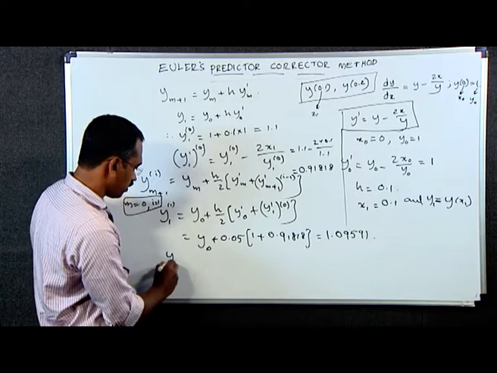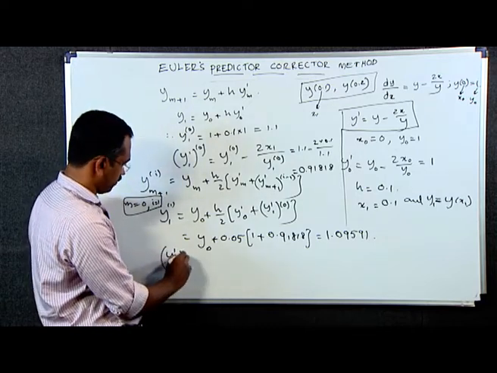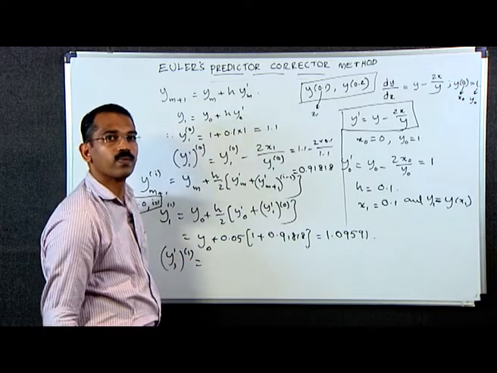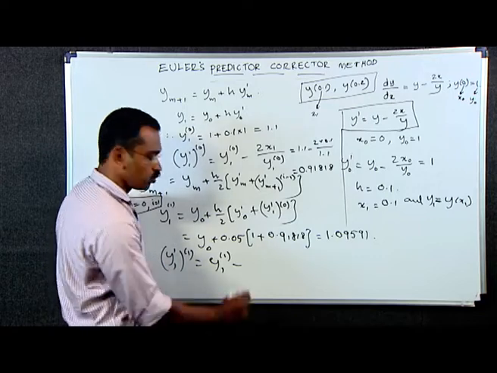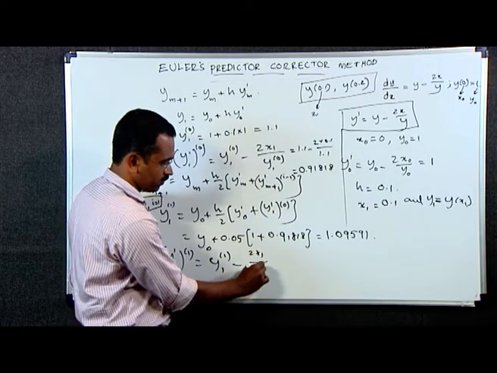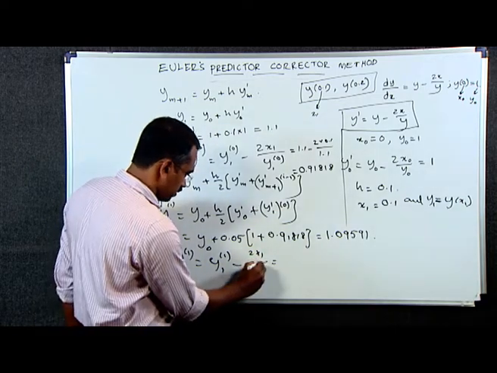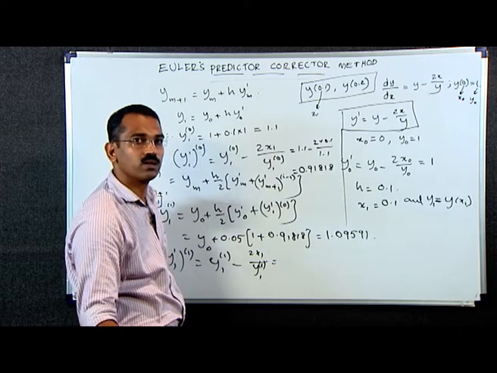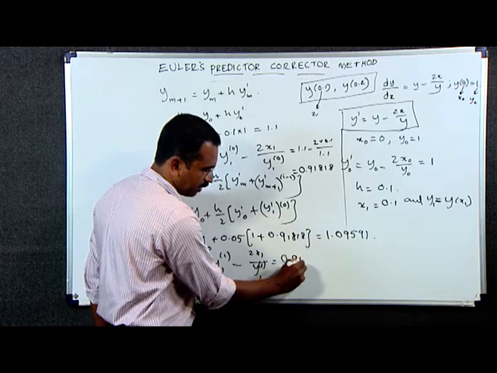Now, y1'(1), which is equal to y1(1) minus 2x1 divided by y1(1), which is equal to 0.91341.